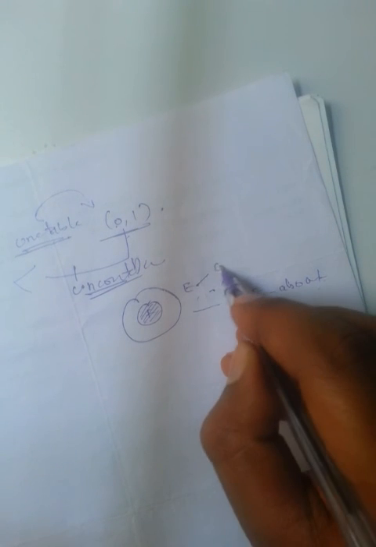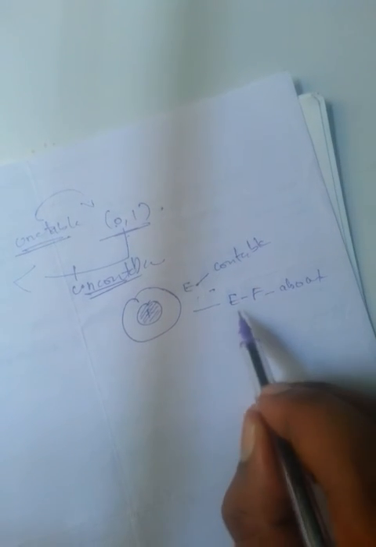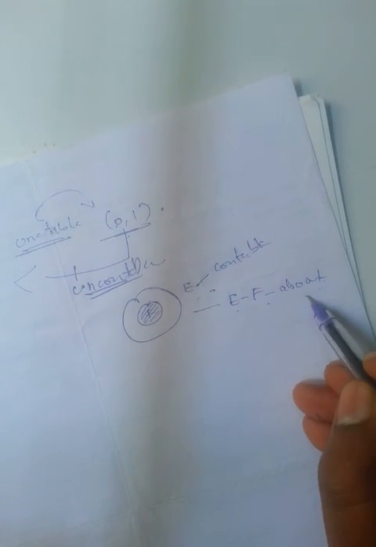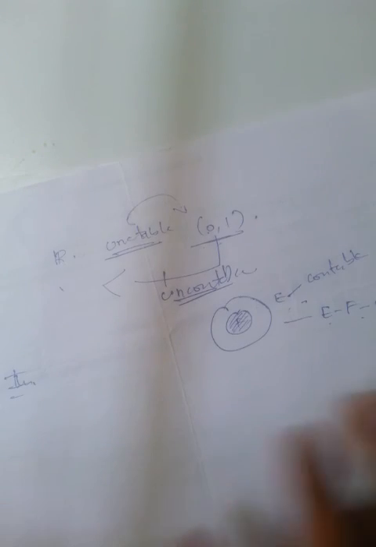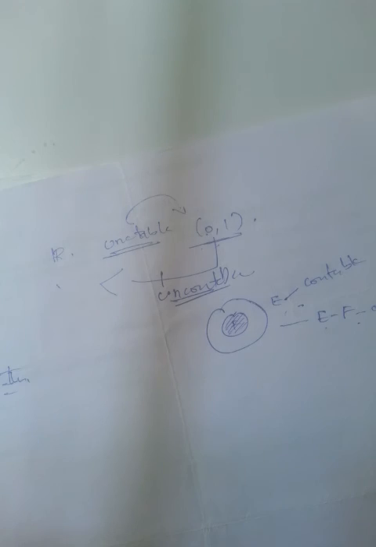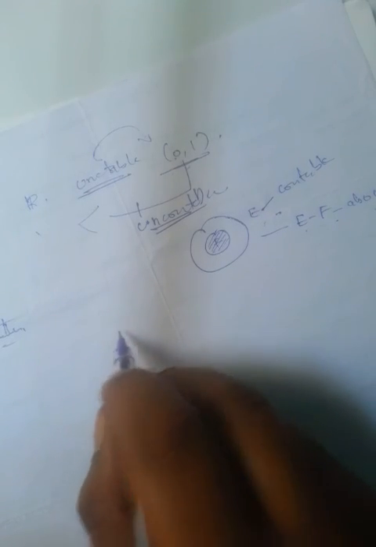Given that E is countable, we have to prove that E minus F is also countable. This is simple, right? From the example itself you can get it, but think about it.